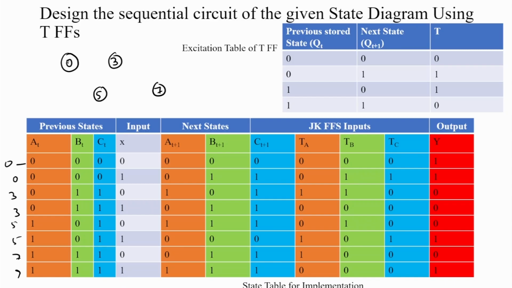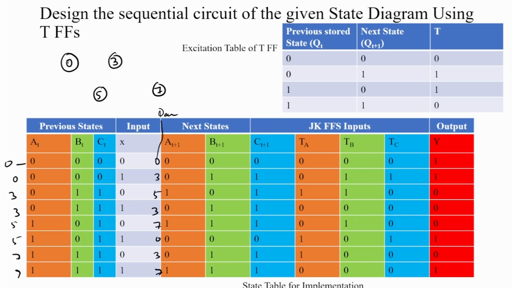Taking decimal values: 0 1 1 means 3, 1 0 1 means 5, 0 1 1 means 3, 1 1 1 means 7, and 0 0 0 means 0.